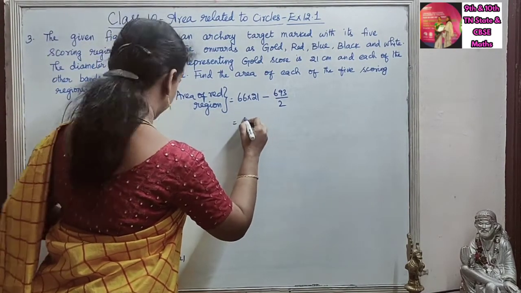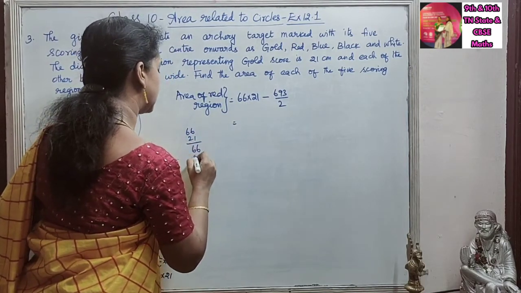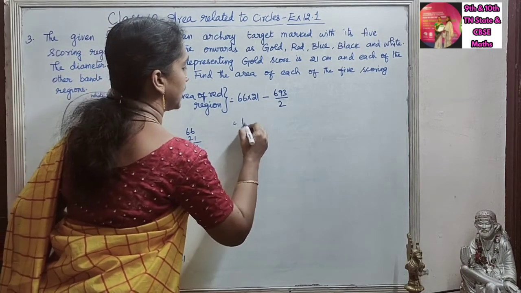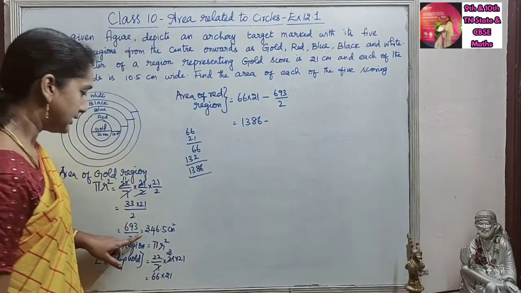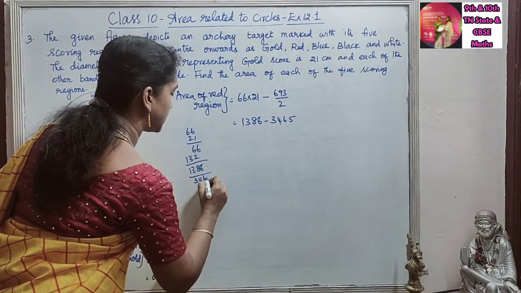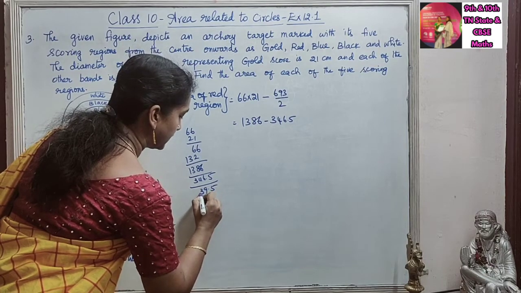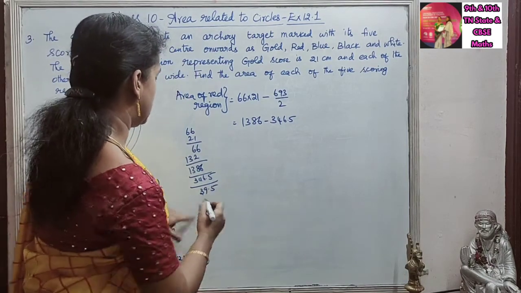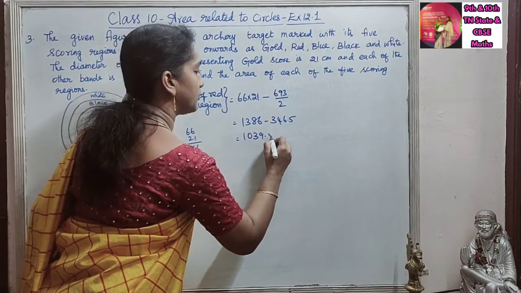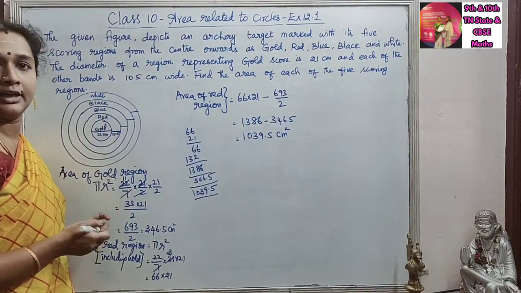So 66 into 21 is 1386 minus 346.5. So this will be 1039.5. So 1039.5 centimeters square. So this is the area of the red region alone.